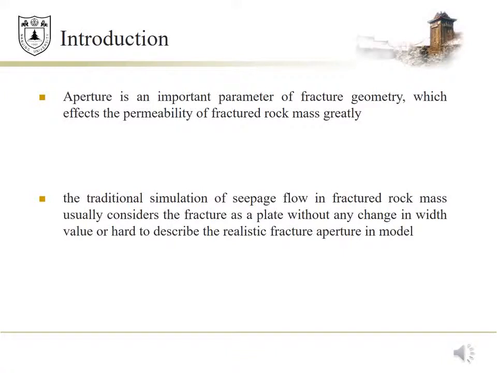Therefore, in this study, a novel modeling method is proposed. The fracture image taken from a microscope is processed by digital image processing technology first. Then, the fracture aperture is measured by the central axis algorithm of aperture and its distribution is described.